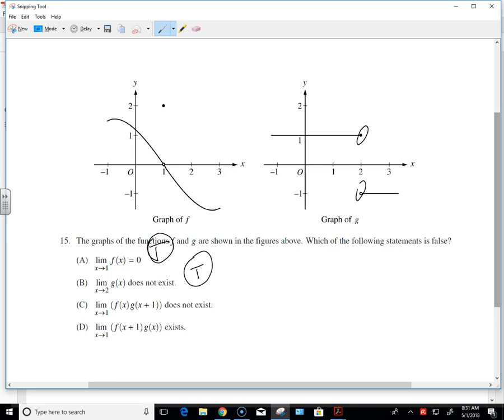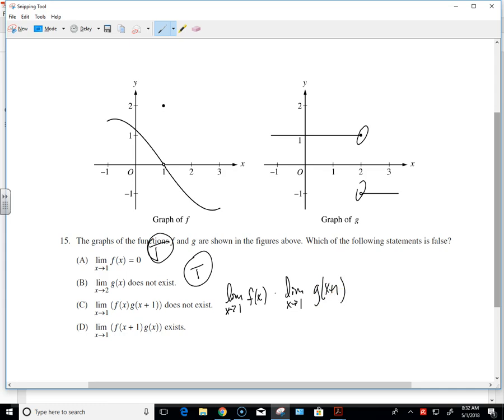Now here's what gets a little funny, but check it. You have to come from below and above, plugging into f, from below and above, plugging into g. So you could think about it if you want: the limit as x approaches 1 of f of x times the limit as x approaches 1 of g of x. Okay, if I plug in, isn't that just f of 1?